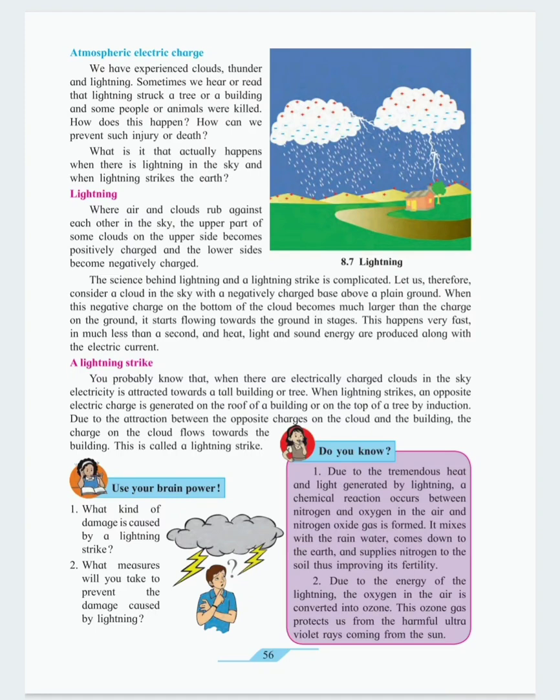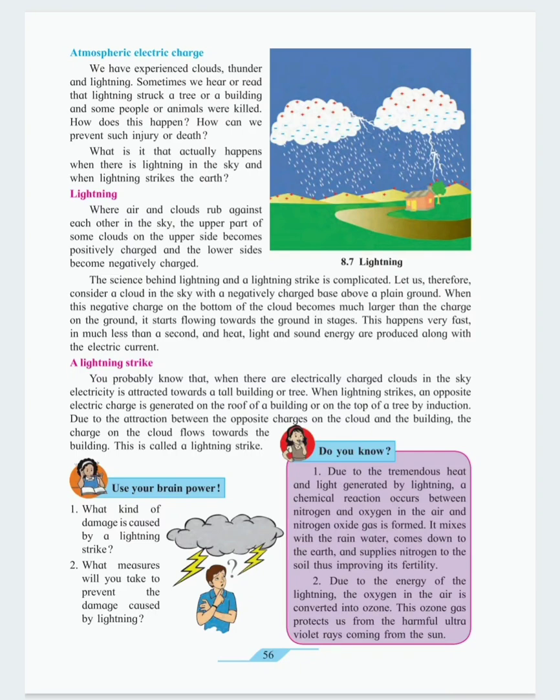Now what exactly is the science behind thundering and lightning? Let's study now. There are clouds with positive and negative charges. The upper surface of the cloud is positively charged and the lower surface of the cloud is negatively charged.